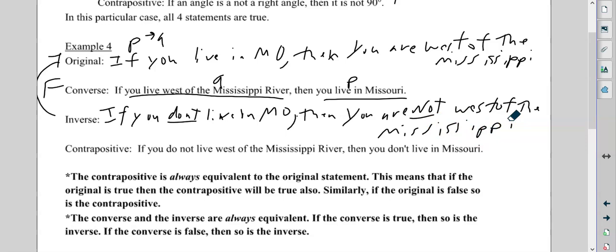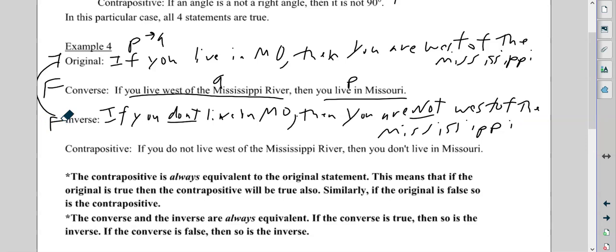Okay, so if you don't live in Missouri, let's say you live in Washington, D.C., you are not west of the Mississippi. Or you could go to the other side and go like Nevada. So you can find a state that proves that false.